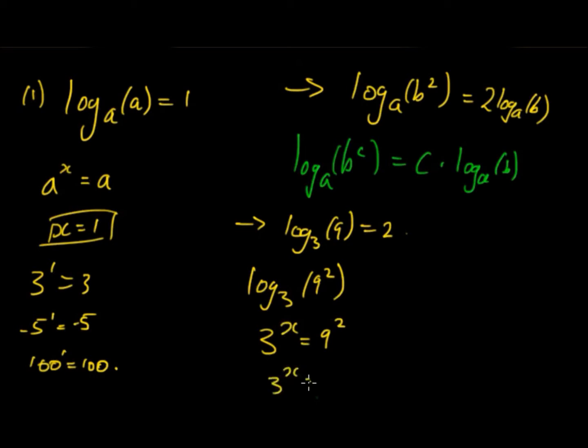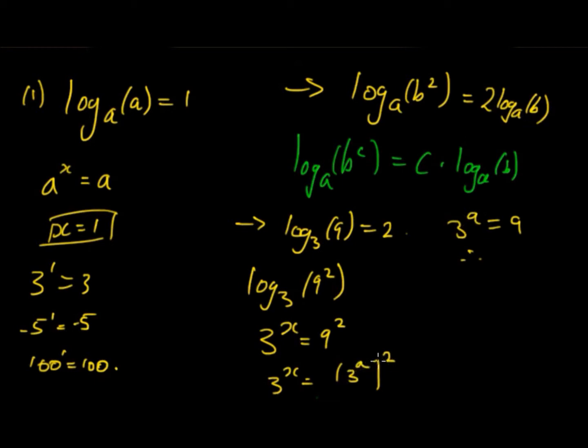So 3 to the x is equal to 3 to whatever number, let's say a, squared. So the a is referring to this, so log 3, 9. So if we just had 3 to the a is equal to 9, therefore that's what the value a is there, because we've just subbed in 9 for 3 to the a.